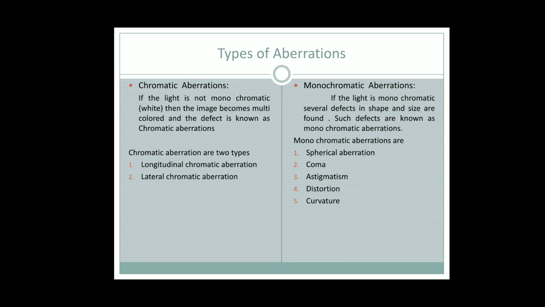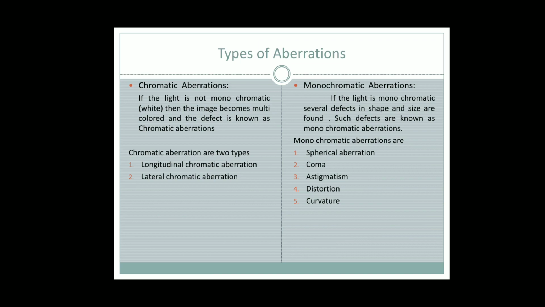What is chromatic aberration? If the object light is not monochromatic, that is, it is multicolored, such as white light, then the image formed by the lens is colored and also at different positions.